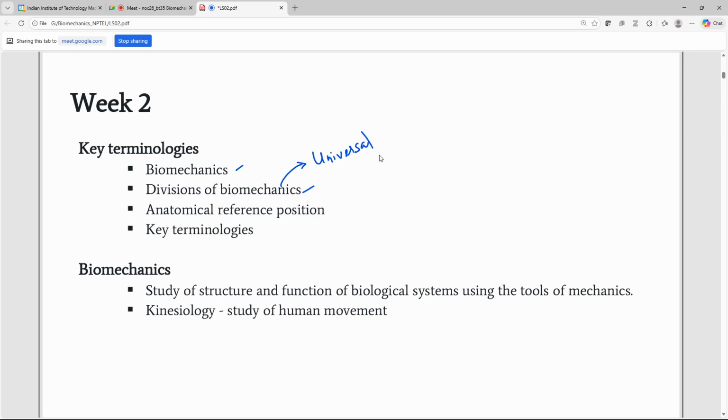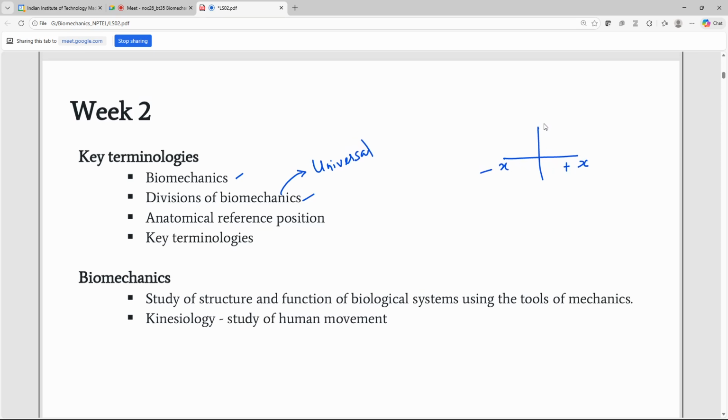If we have Cartesian coordinates, which we have studied at school level, we have the x and y plane, from negative x to positive x. We have a zero origin point, and this origin point is a reference point. Anything in this 2D plane can be described in relation to this origin and these axes. So that is a reference. This is a Cartesian coordinate system.